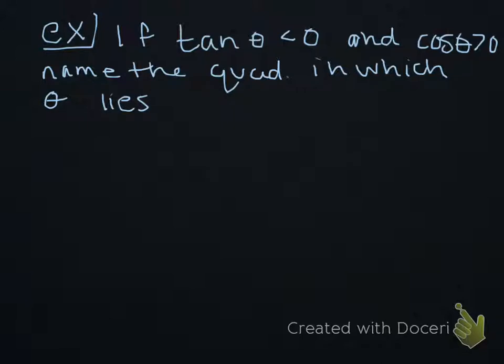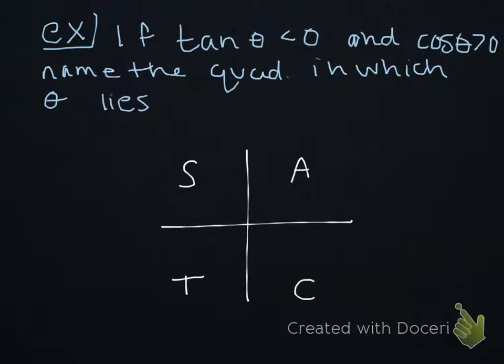So we're going to go back to drawing our coordinate plane out, and we're going to label all students take calc, or all surfers tan constantly, or a smart trig class. And now we're going to do some highlighting.